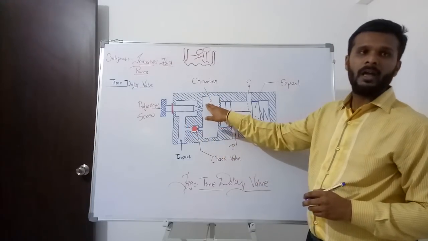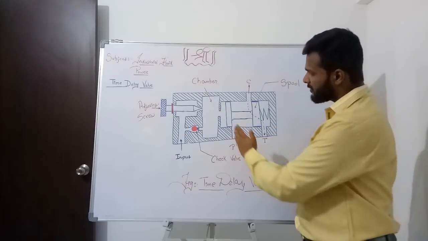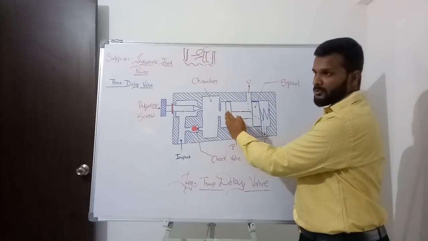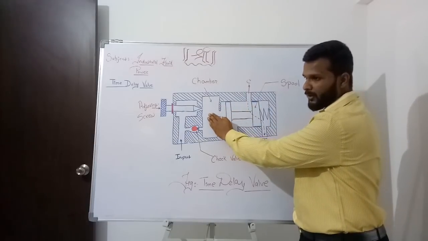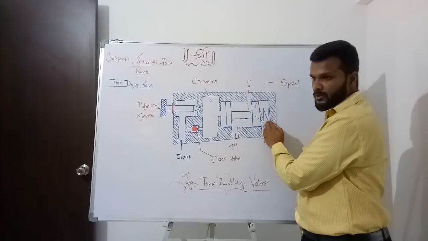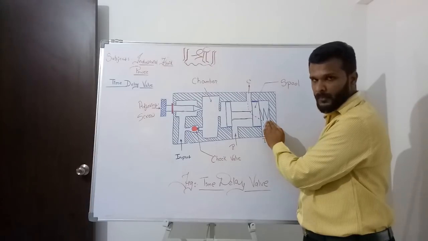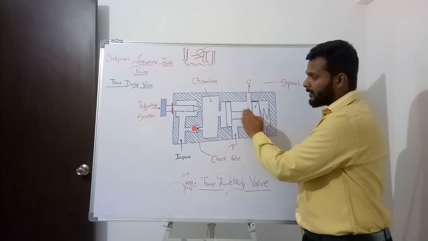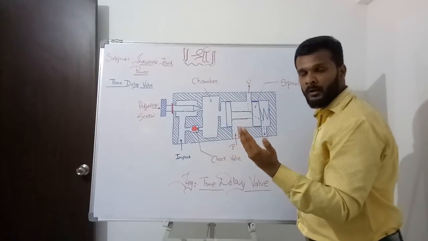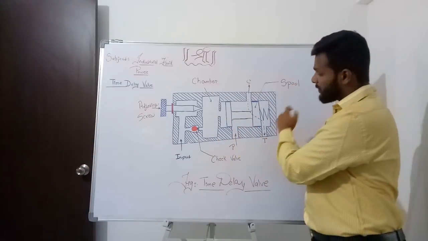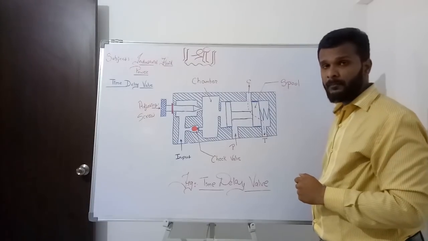It fills the chamber. As the pressure in the chamber increases, it shifts the spool from the left position to the right position, proving that the pressure of this hydraulic fluid is greater than the spring force or spring pressure. Are you getting it?